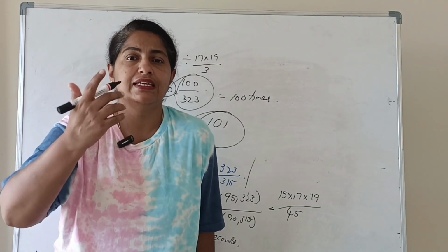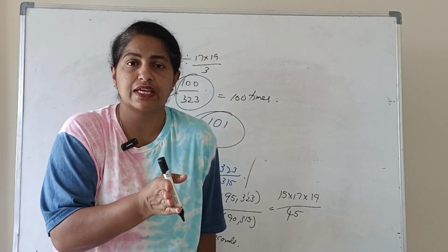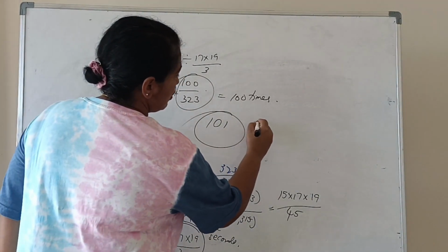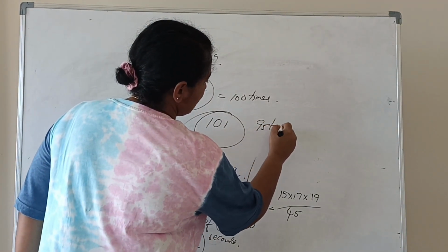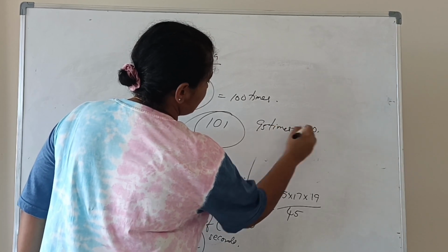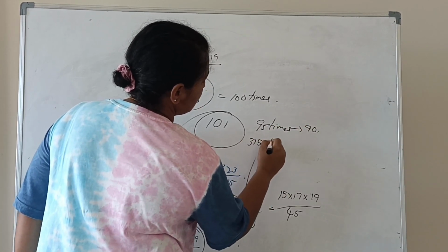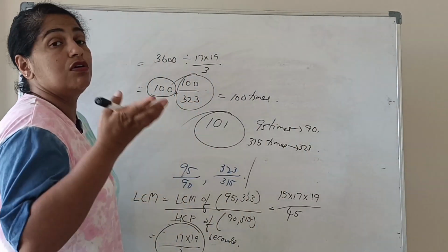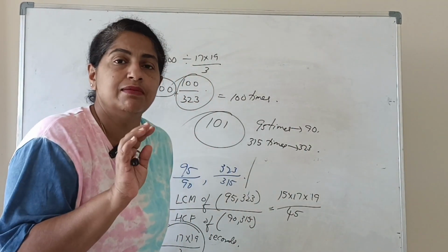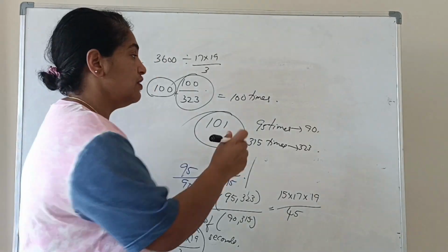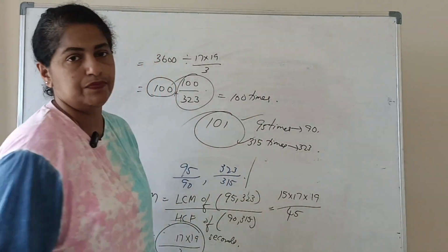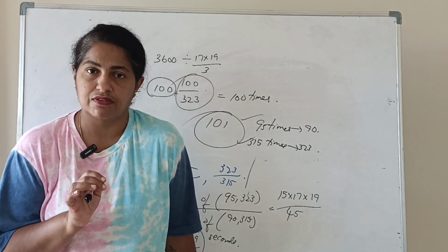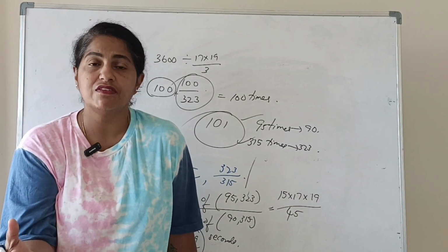Instead of telling each tick happens after 2 seconds or 4 seconds, what they had told was that the first clock will go 95 times in 90 seconds and the second one will go 315 times in 320 seconds. So we had to calculate the time that was required for one tick for each clock. That is the reason mainly we ended up with fractions for times. So I hope you are clear with this particular sum.